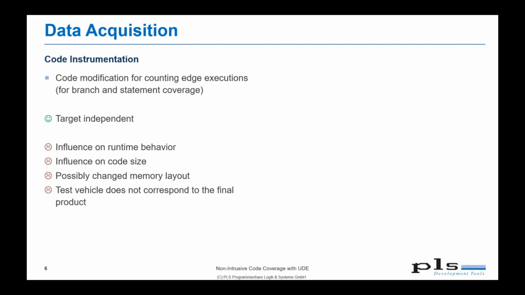And so maybe you get a different memory layout. In the end, you have to be aware that the code under test is not the code that you will use later in the product anymore. Then I assume that you will never load instrumented code on your product and run it in the field.